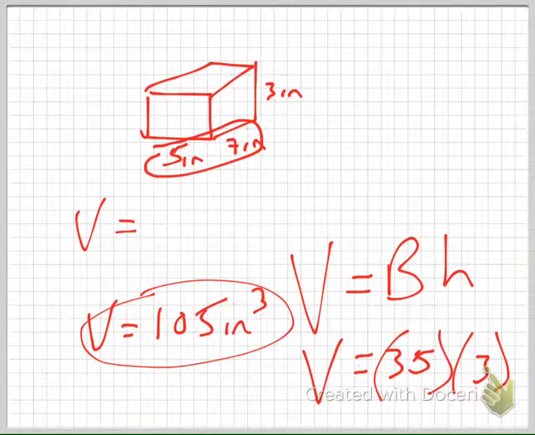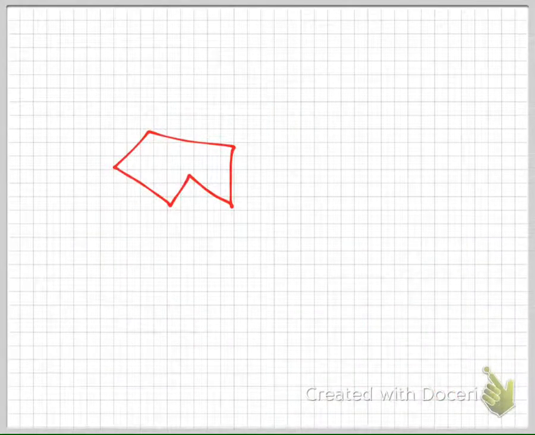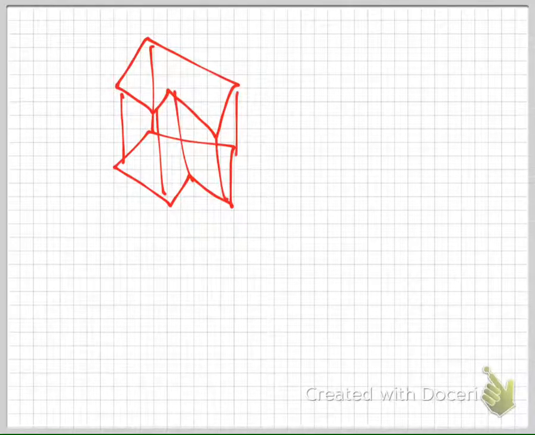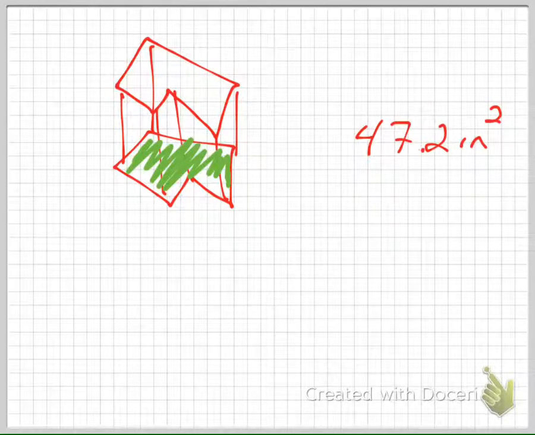If I told you that this object right here, that the base down here was 47.2 square inches, and I also told you that the height of this object was 5 inches.